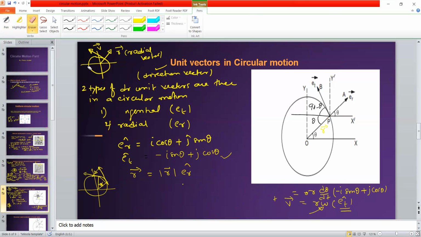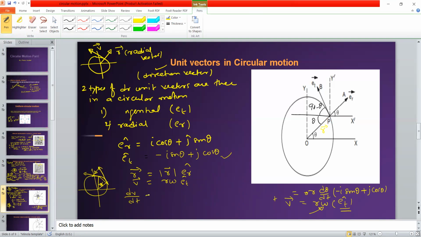Now suppose the velocity is, we may write velocity is r omega et. Now if we differentiate it again, then we'll get the acceleration.